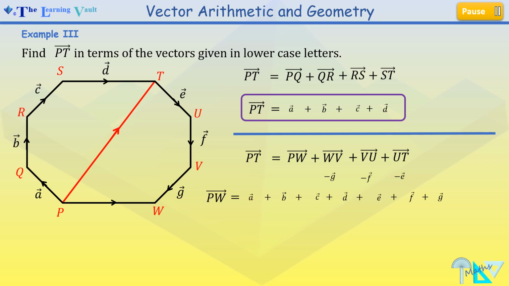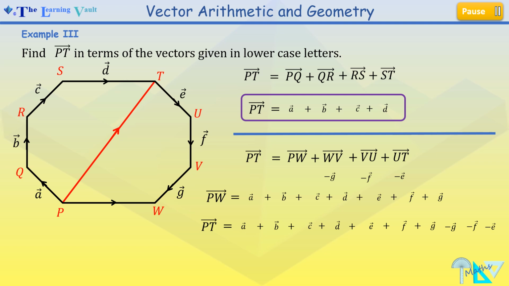Now remember, vector PW from our previous clip gave us all those vectors added together. So therefore, for our vector PT, it will be all of our PW vectors and our WV plus VU plus UT.